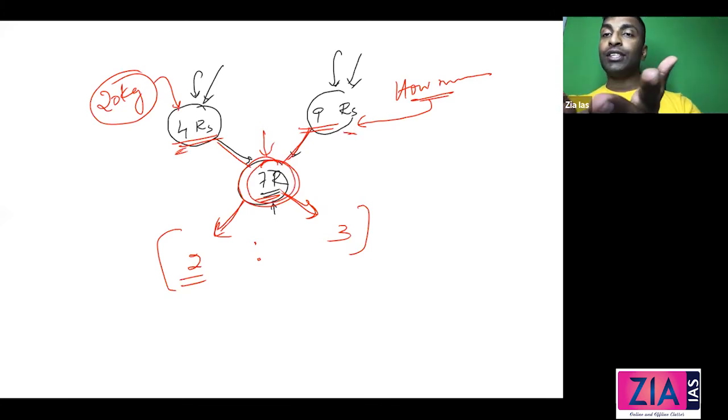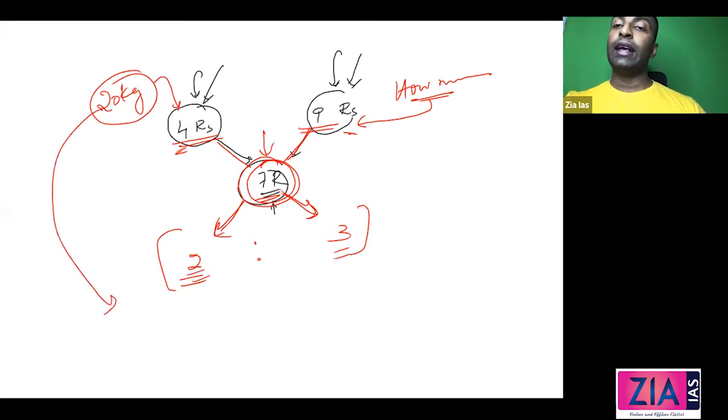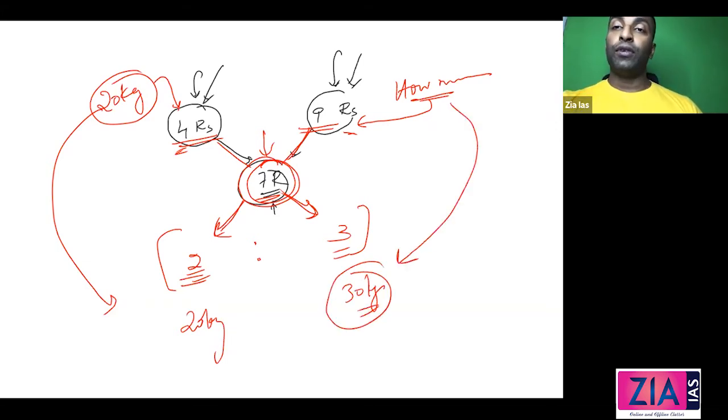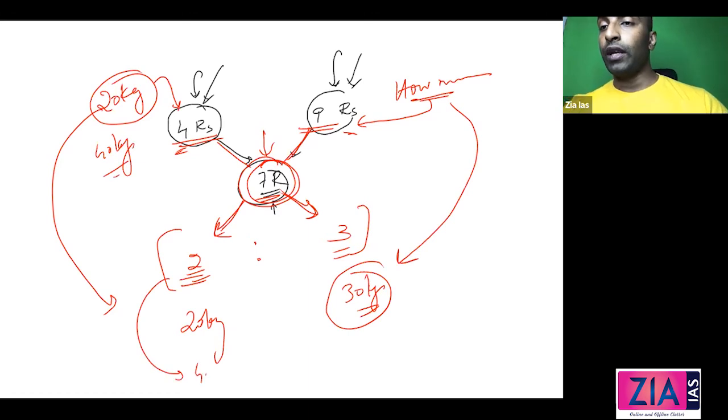We take the allegation, so we get a ratio of 2:3. Now if this is 20 kg, this has to be 30 kg. So your answer is 30. If they give you 40 kg, then instead of 2 it is 40, so instead of 3 it should be 60.